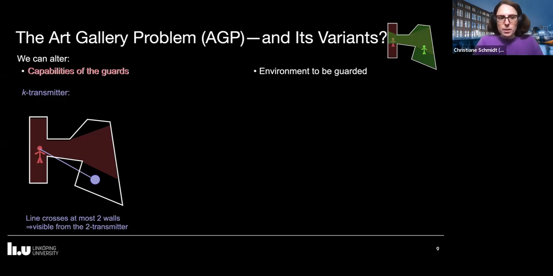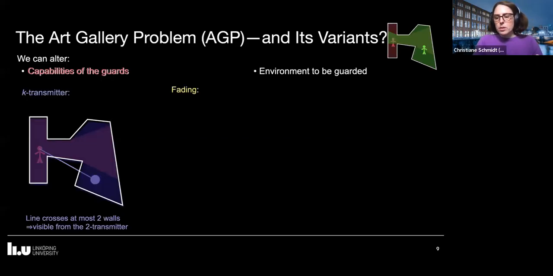In this case, if our guard still has 360-degree vision, but the vision type is not human and it is a 2-transmitter, then this guard could actually see the entire polygon. This is usually motivated by modems: if you want to have a connection, that might be possible through a certain number of walls, but at some point that will no longer be possible.